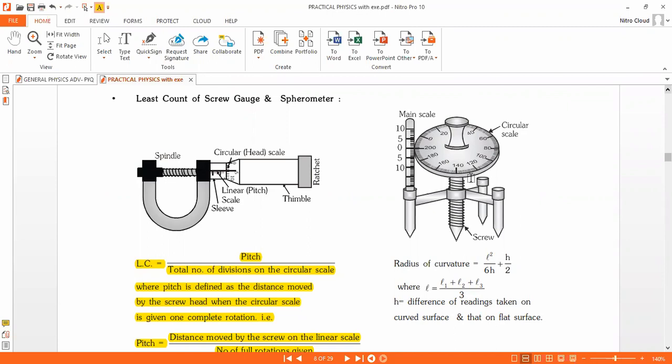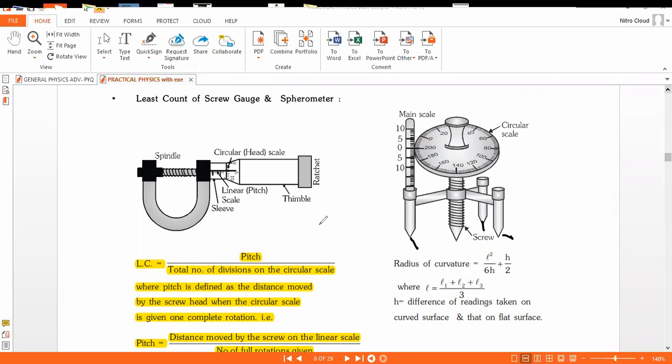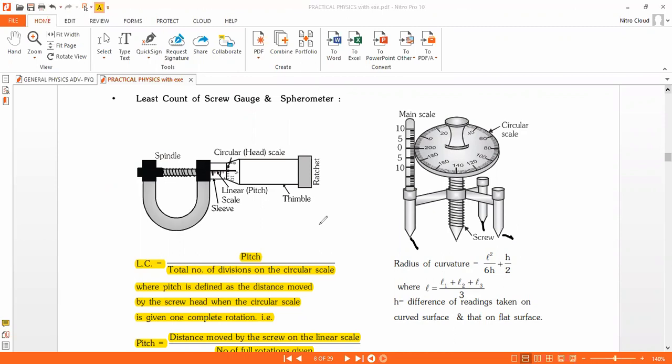This spherometer is used to find the radius of curvature by adjusting these screws. This one touches the ground, just like a tripod. The radius of curvature formula is l squared by 6h plus h by 2.